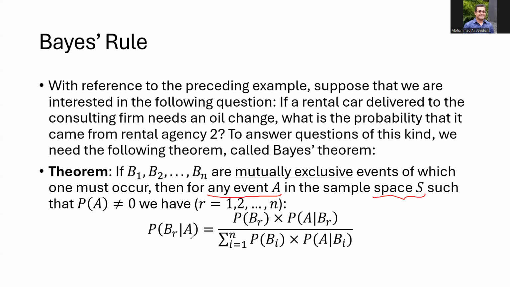For example, in the oil change scenario, let's assume that the car needs an oil change. So what's the probability that this car that is delivered belongs to agency 1, or agency 2, or agency 3?